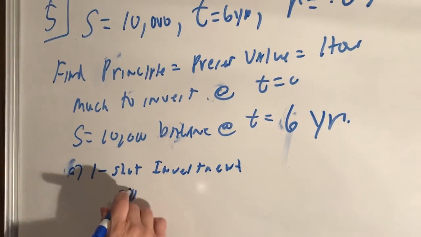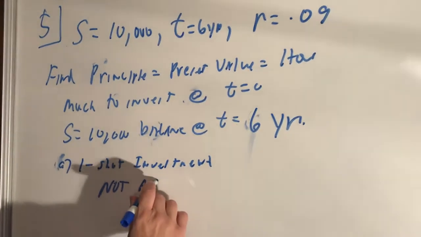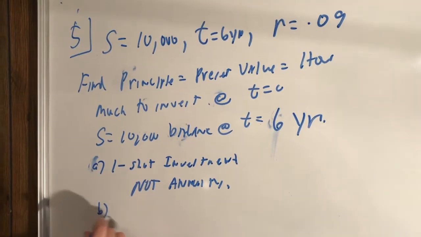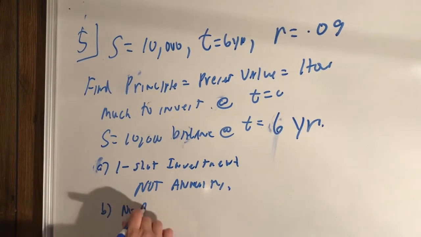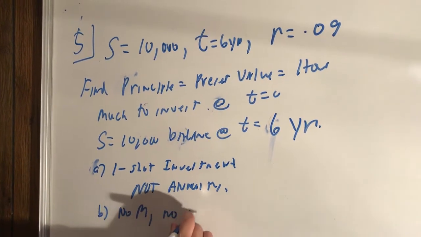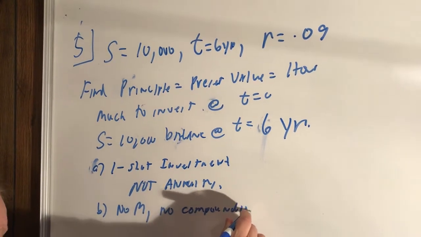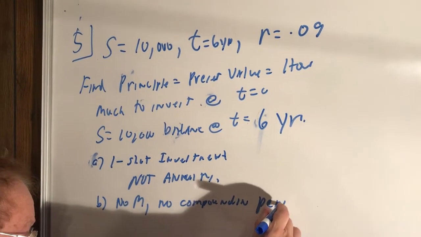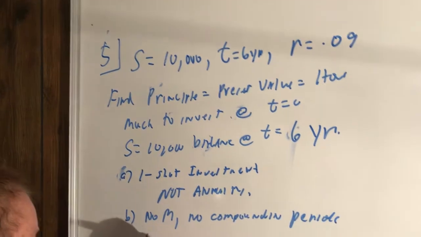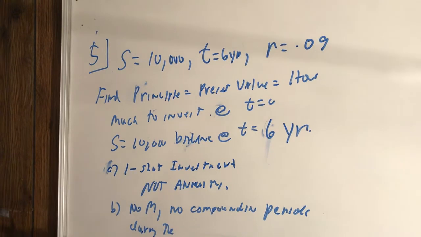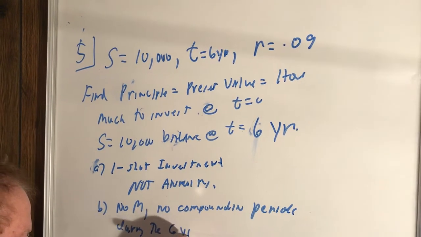So it's not an annuity. Two, there is no M, no compounding. No compounding periods during the 6 years.